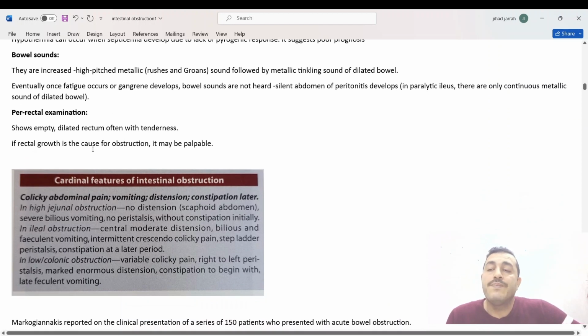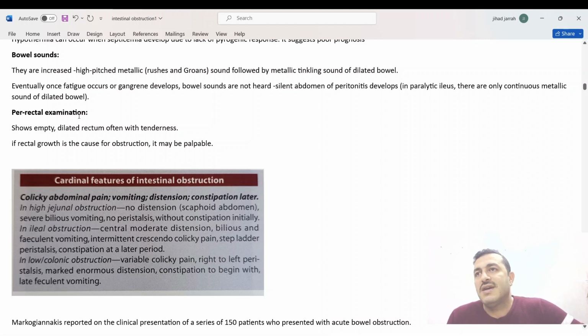Bowel sounds are also an item to discuss separately. What is the normal bowel sound? Different literature says it's from 5 to 30 per minute. You have to remember that bowel sounds are prominent in one phase of intestinal obstruction and absent in a later phase.